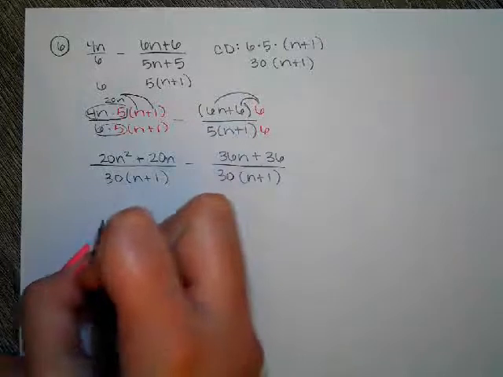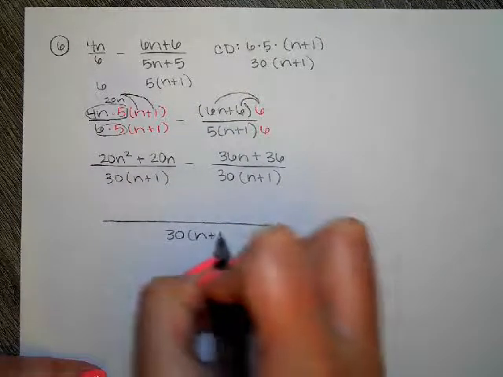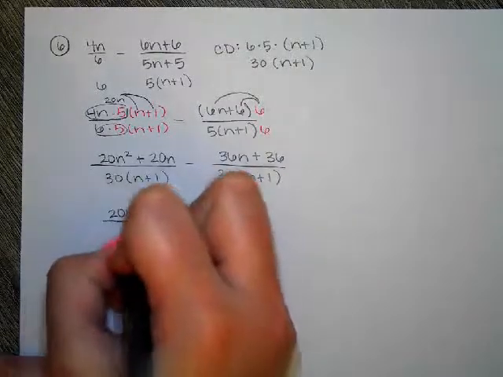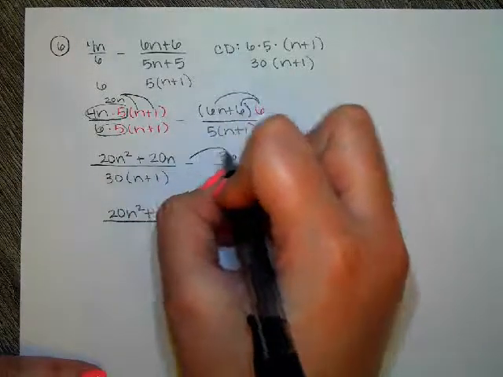All right. Now I can go ahead and write this as one fraction with the common denominator. So I'm just going to copy down that first fraction, and I'll distribute my negative.